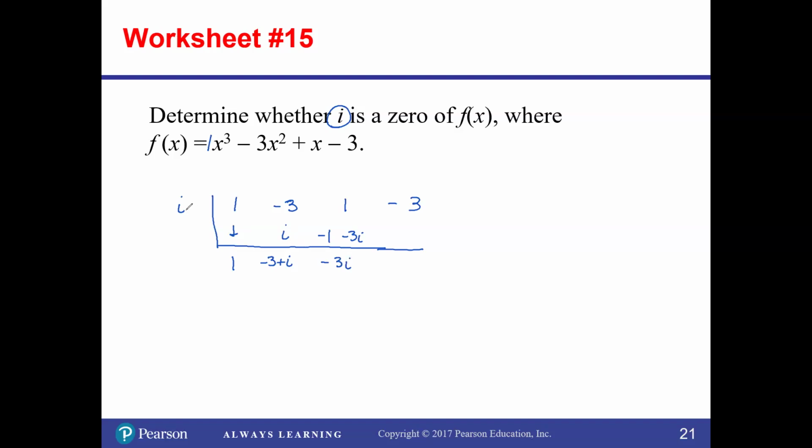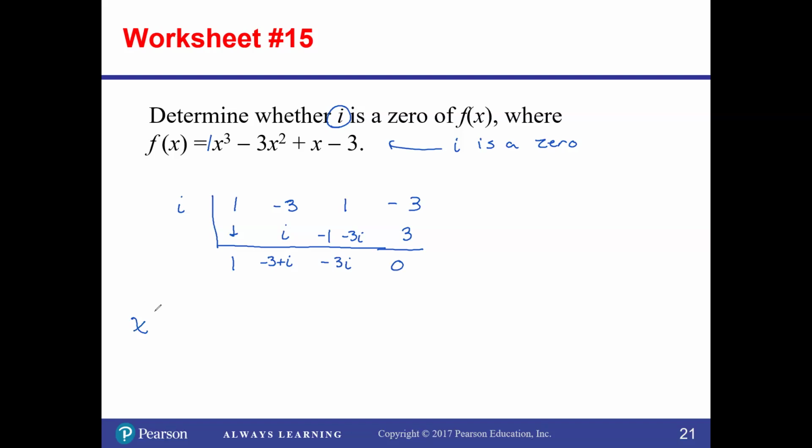So negative 3i times i will end up being, because it'll be an i squared that turns into a negative, that will just leave me with 3. If I add those together, I get 0.